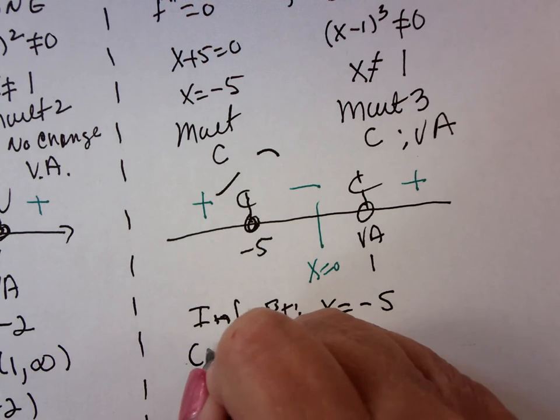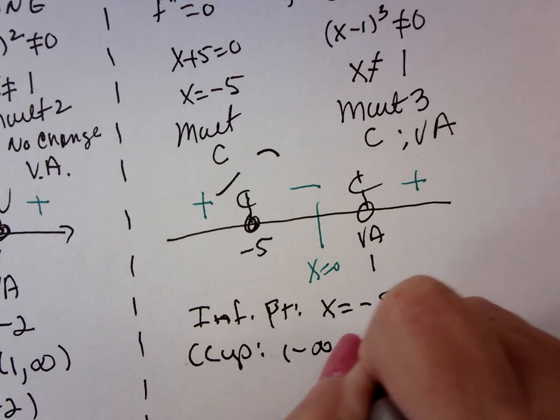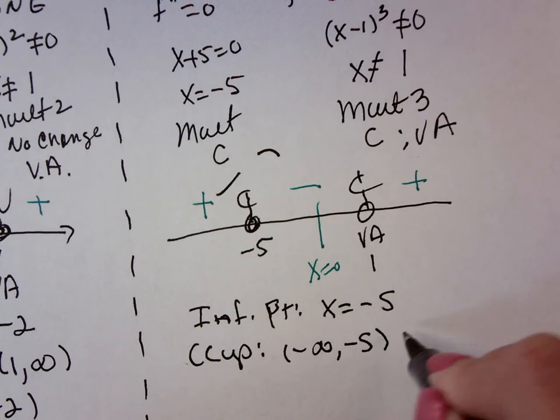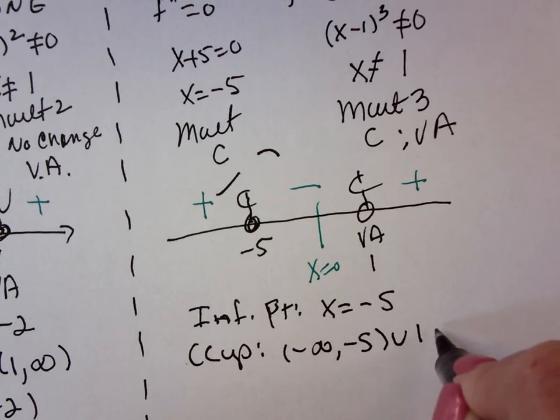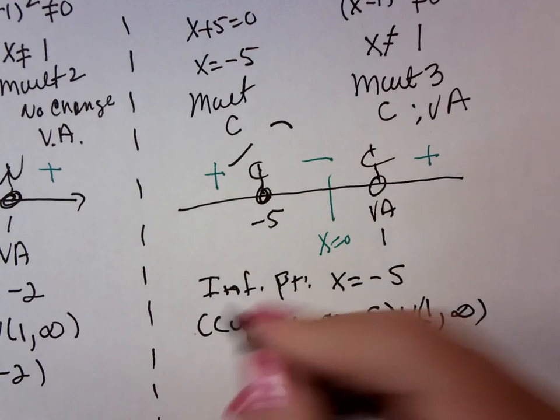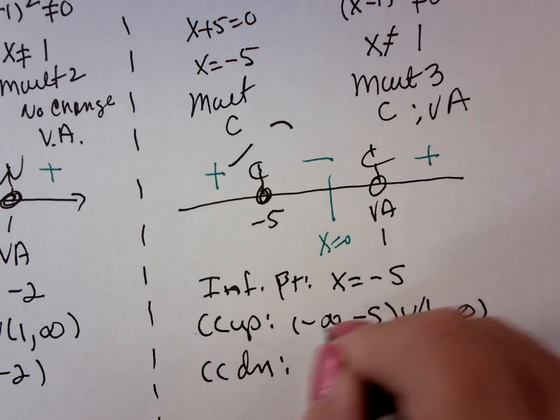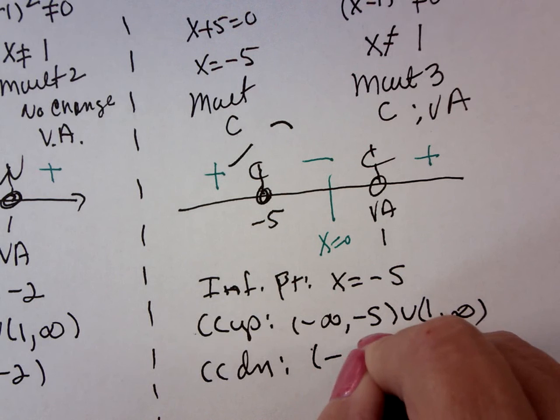So concave up from minus infinity to negative 5, and from 1 to infinity, any place I have pluses. Concave down from minus 5 to 0.